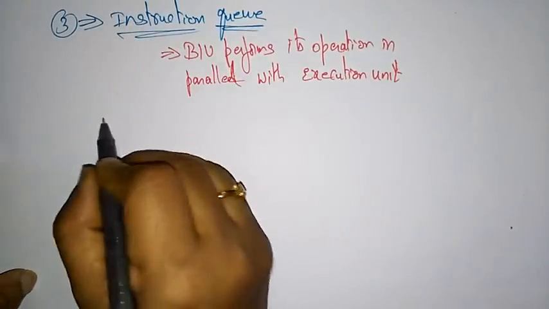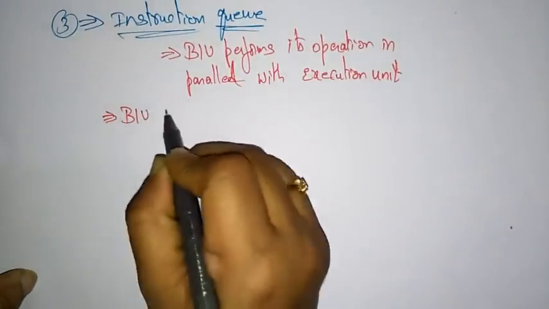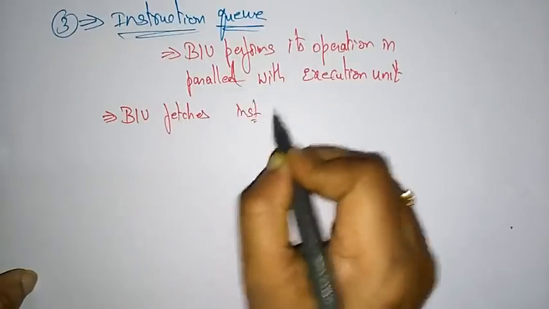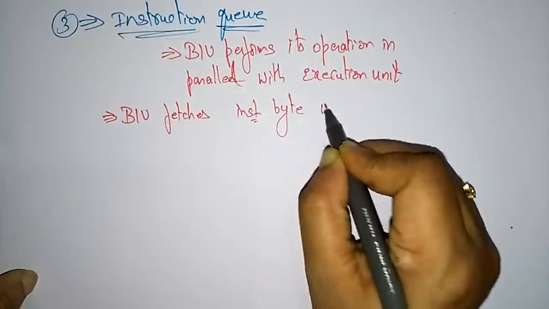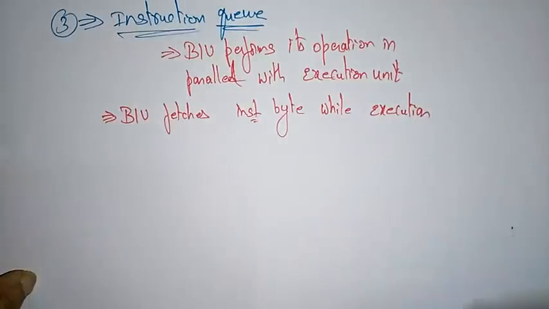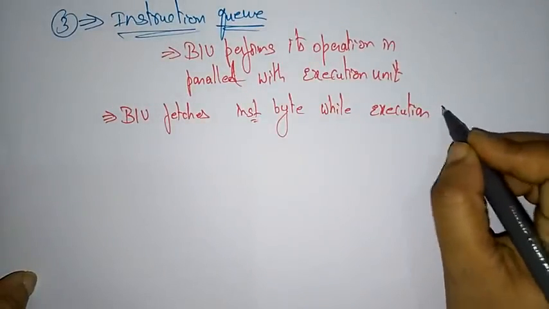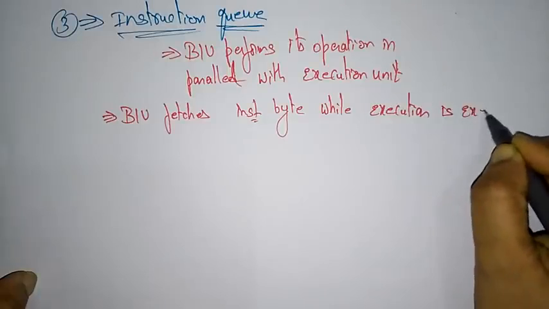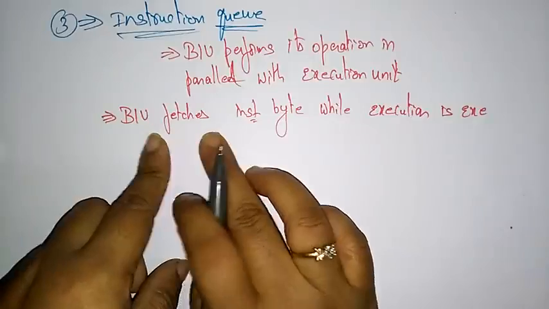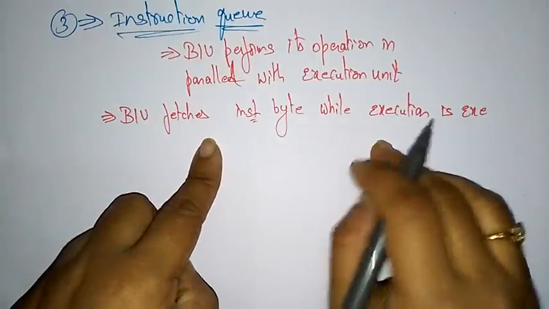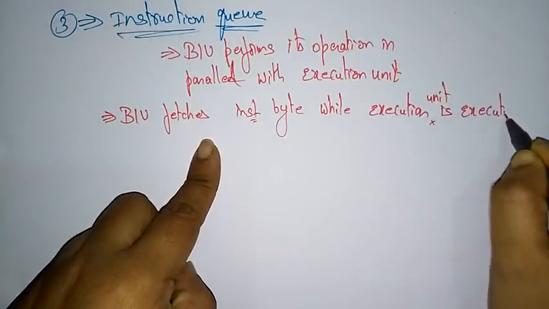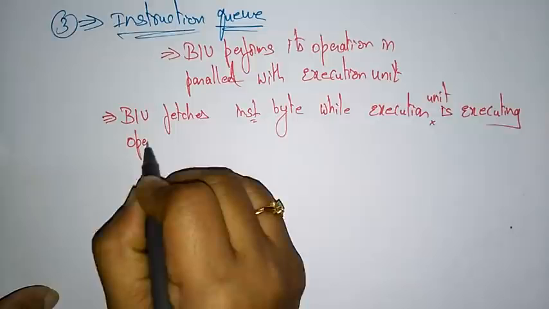The bus interface unit fetches instruction bytes while the execution unit is executing operations.